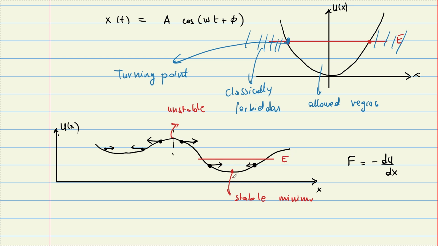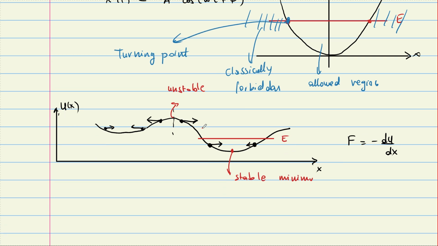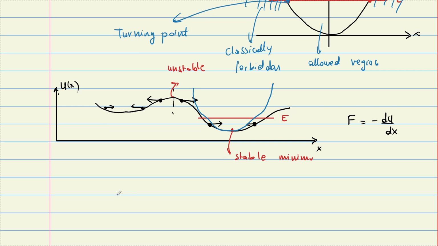And I can say, okay, rather than studying this complicated potential which I have no control of, I can approximate it. I can approximate it like this. So this is an approximation of the potential, and the approximation is going to be U of x is equal to, let's call this point x naught.